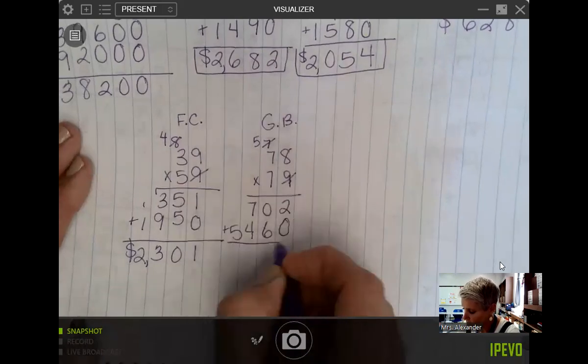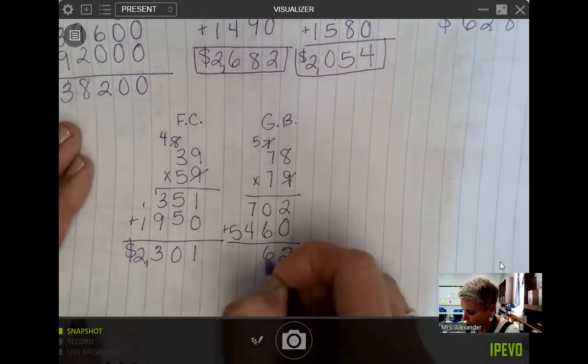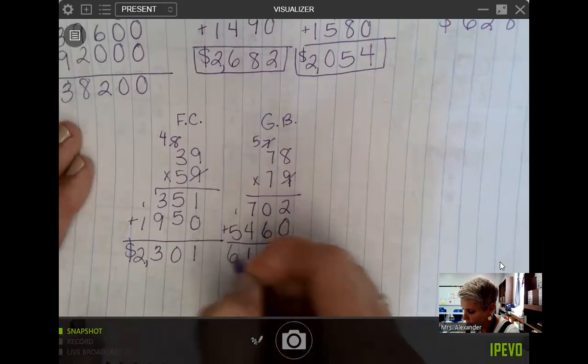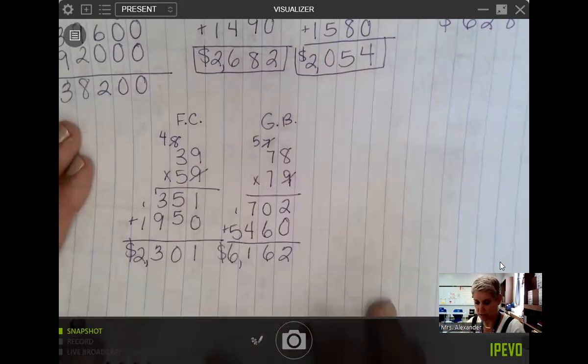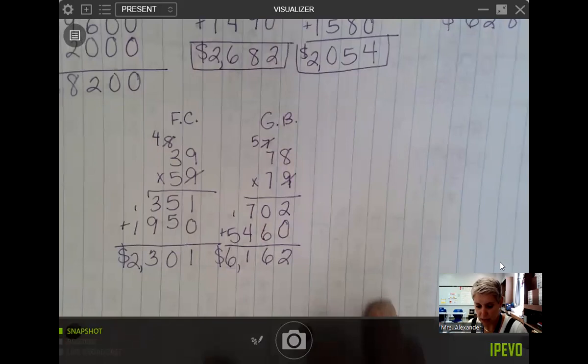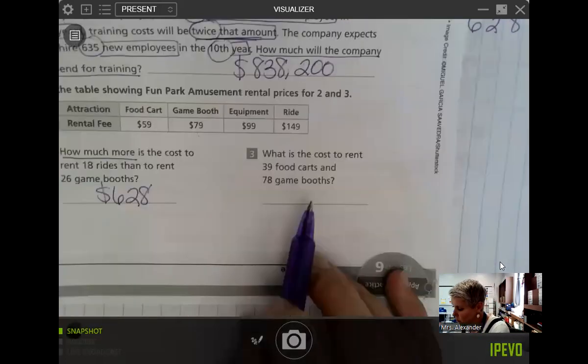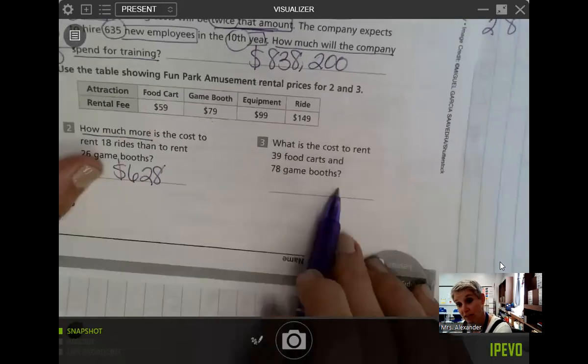We'll add those partial products. So the game booths will be $6,162. It says, back to our question, what is the cost to rent both of them?